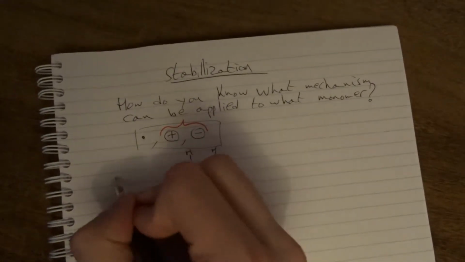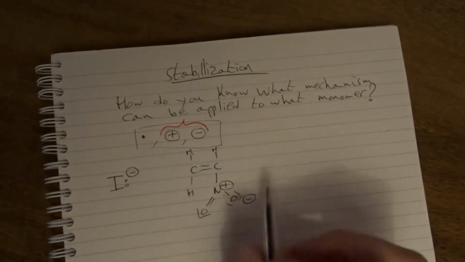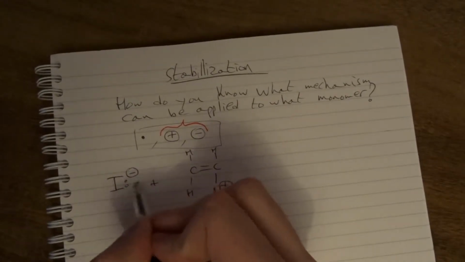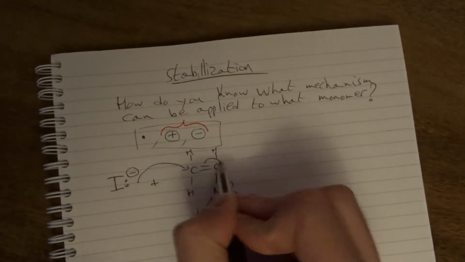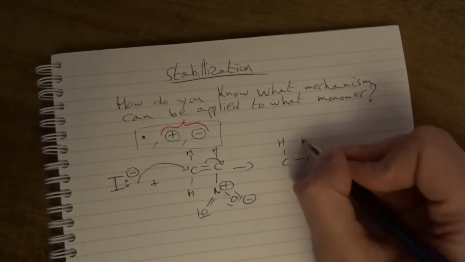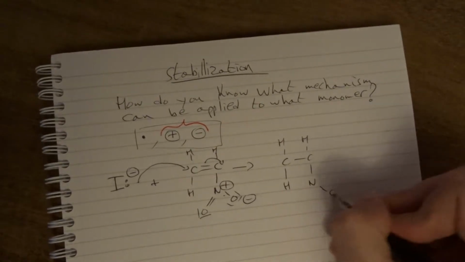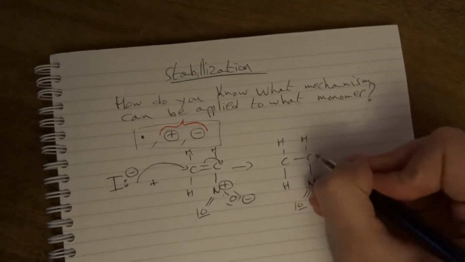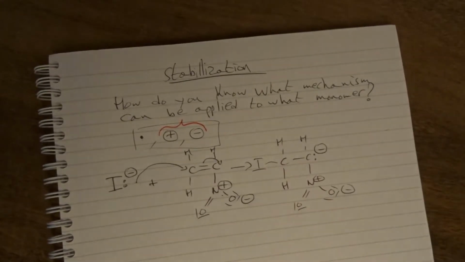For example, when we have an initiator with a negative charge, so it looks like an anionic polymerization, this will happen, as we've seen before. It will attack here, then it flips here, and we will get the first initiation step, or the first step in the polymerization process, and we will see that the negative charge is positioned here and the initiator is here.